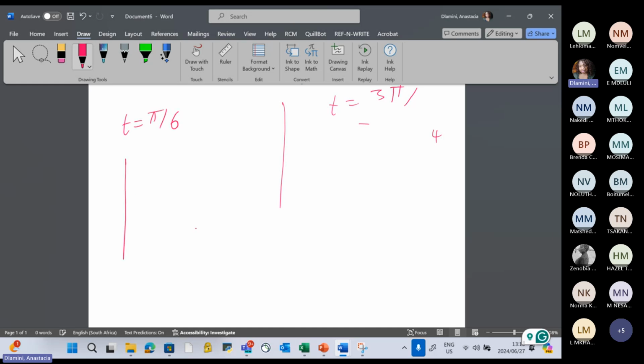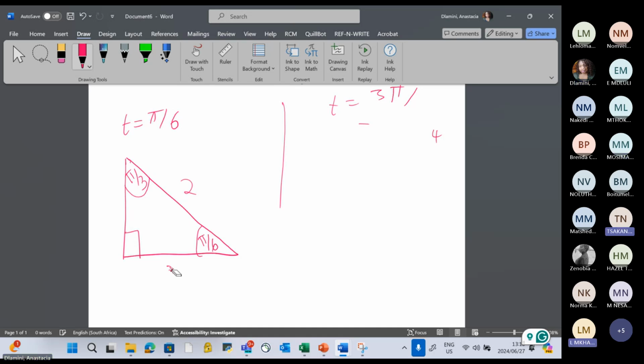So I need the triangle that has a pi over 6. If I remember well, this is pi over 6, and this will be pi over 3, and here, can someone remind me, it will be what? 1.